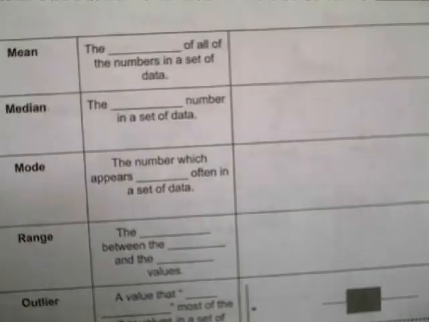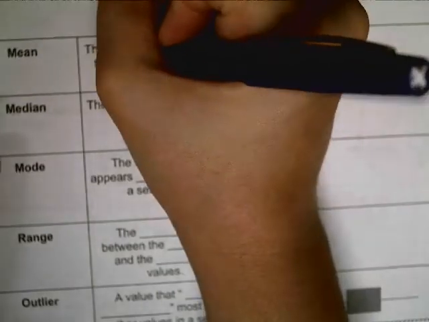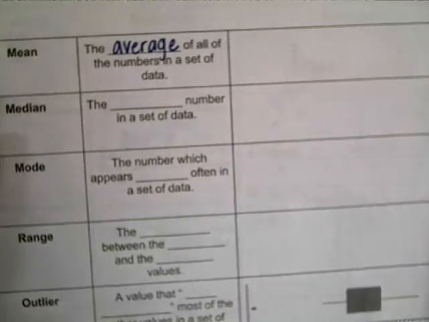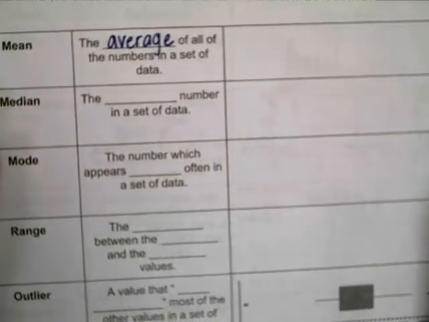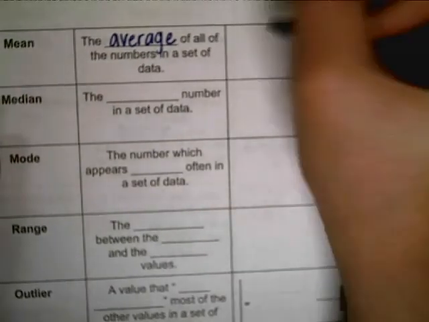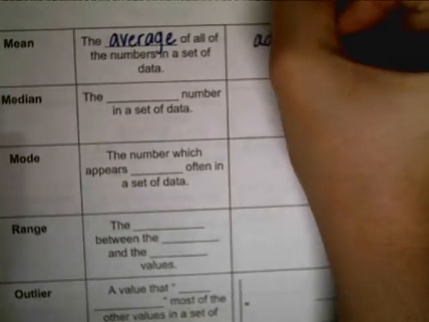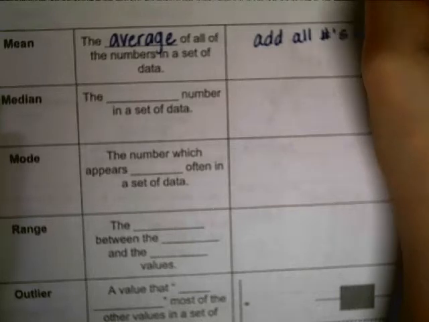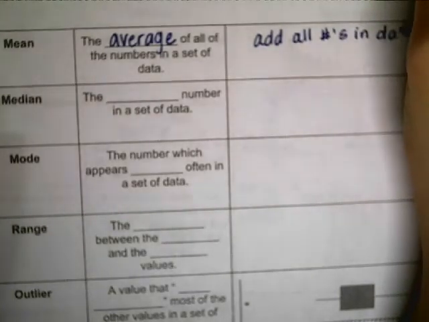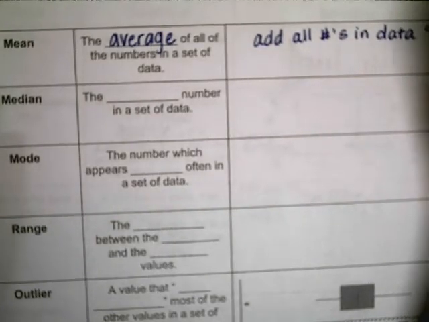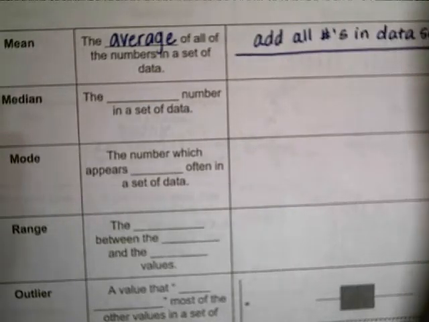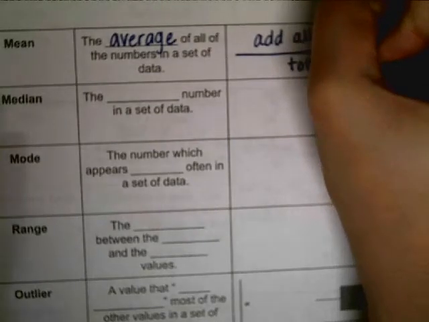Mean. The average of all of the numbers in a data set. To find your mean, you're going to add all numbers in your data set and then divide by total numbers in your data set.